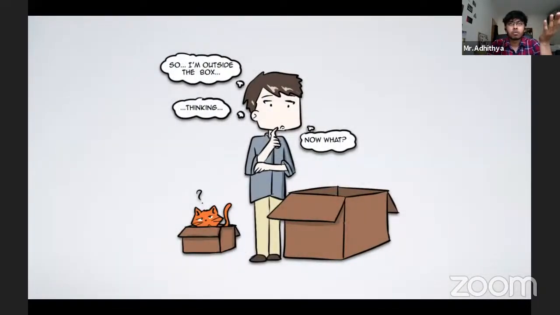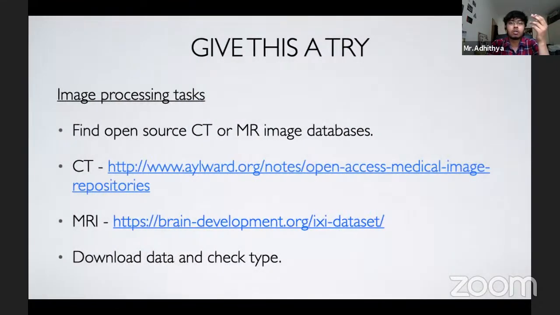Once you learn all your fundamentals about this application and the technologies, you can find open source databases online.